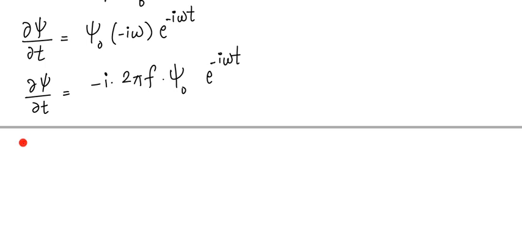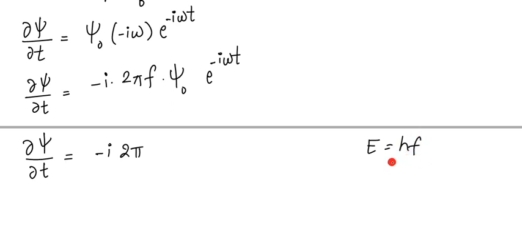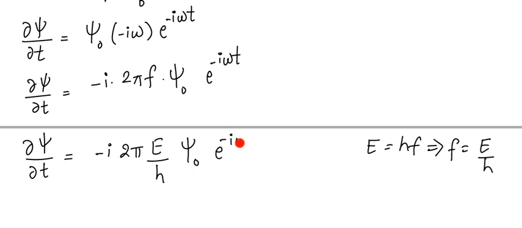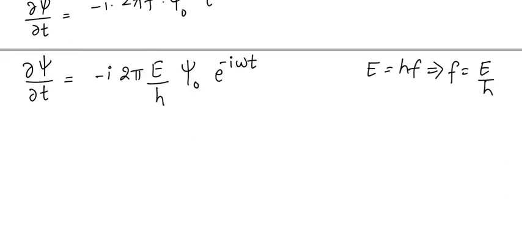And again, del psi by del t is equal to minus i and 2 pi f. There is one expression, I think you all know about that, E is equal to hf. This is the photon's energy. Then what will be the value of f? From here, f is equal to E divided by h. So we can write E by h and psi naught e to the power minus i omega t.